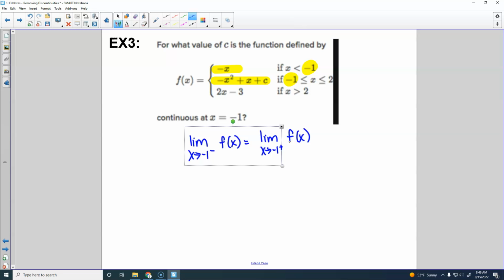Now, whether or not you choose to write that step, you could skip it if you want. From the left, I would be using the negative x equation, right? And from the right, I would be using negative x squared plus x plus c.